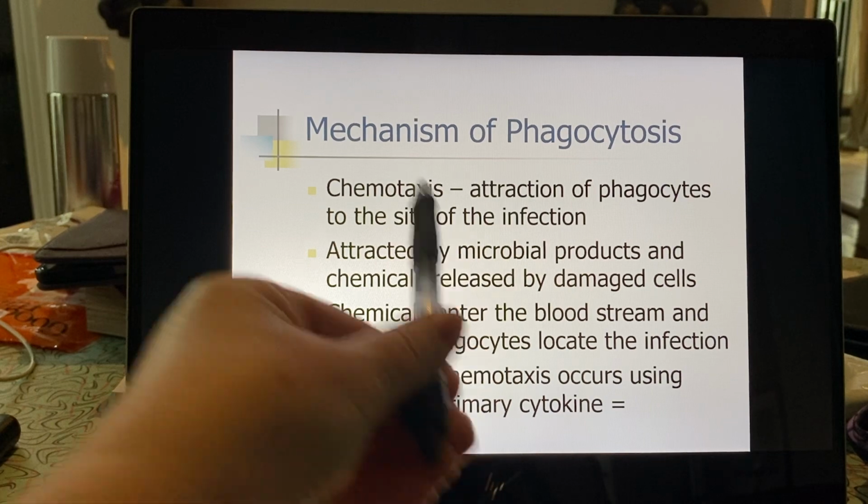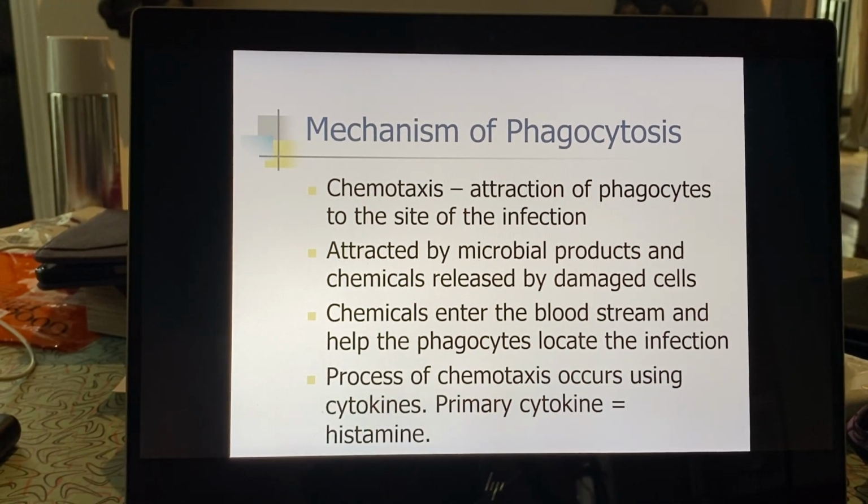Taxis means movement, and I remember that because I think of a taxi. You know, you get in a taxi to actually go somewhere. So there are going to be certain chemicals released into the bloodstream that are going to alert, first of all, the neutrophils, hey, we got a problem, you need to get over here. And then also the monocytes to start their transformation into macrophages.